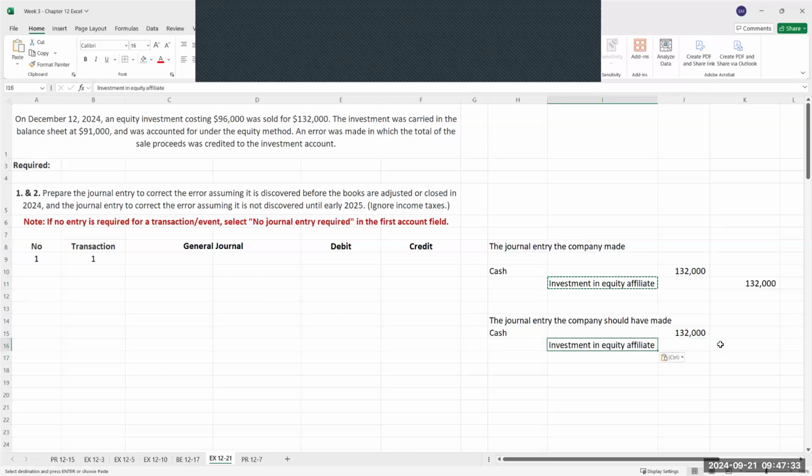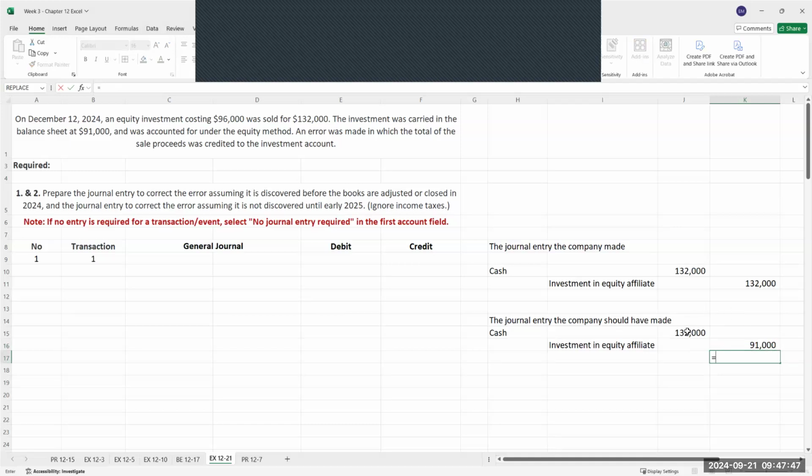In this case, it lets us know that on the books, it was reported as $91,000. And then from there, the difference would reflect the cash received. So think about it like this. Something you own is worth $91,000 and you're selling it for $132,000. There is a $41,000 gain. So gain on investment, right?